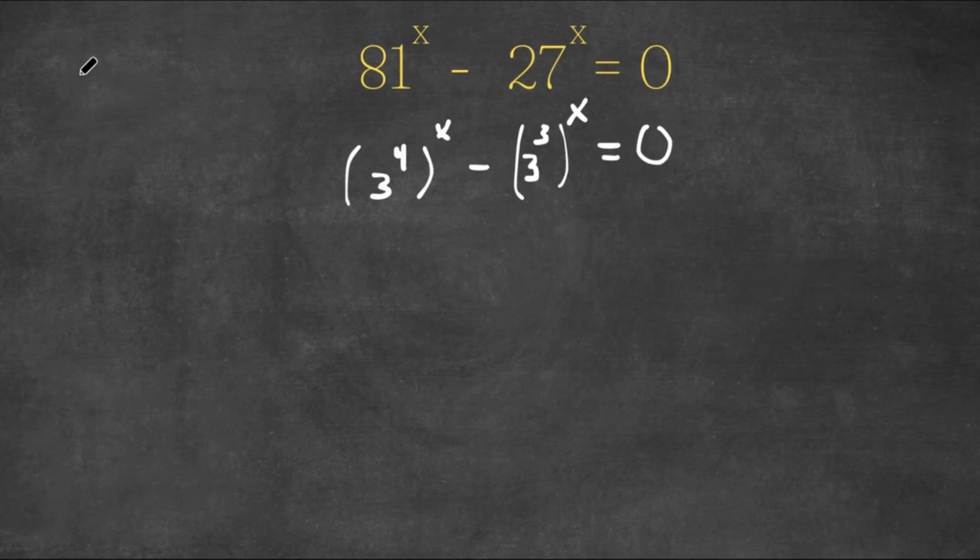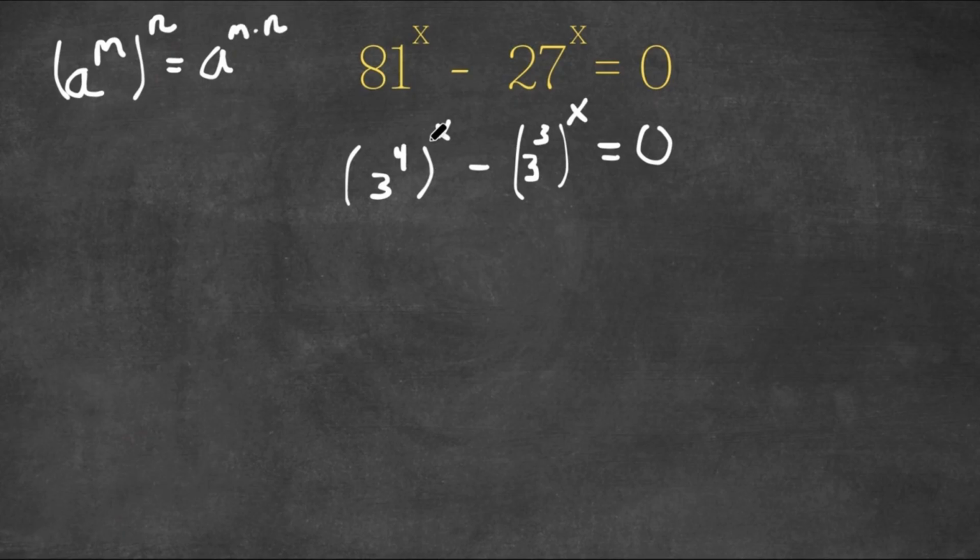Now, if we have something in the form a to the power of m to the power of n, this is actually equal to a to the power of m times n.